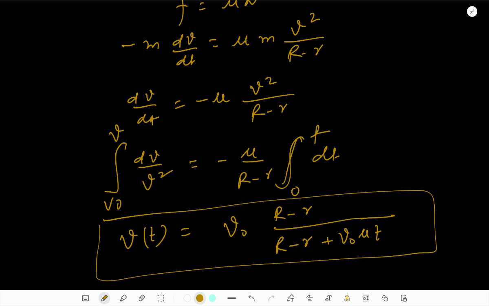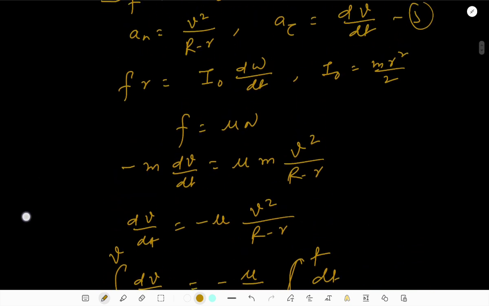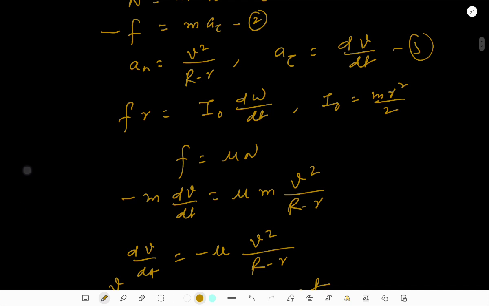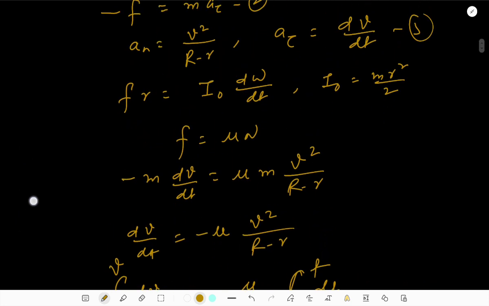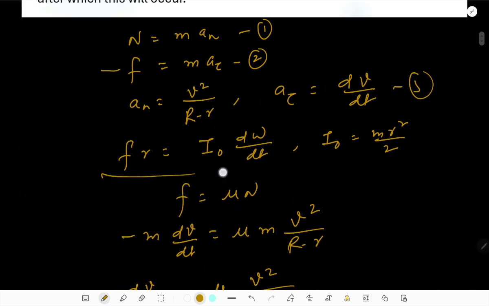And now we need to find omega separately, because there is no v equals omega r right now, because it is slipping. So where can I find the value of omega? Where was the omega equation? Oh, this is it. This is the omega equation.